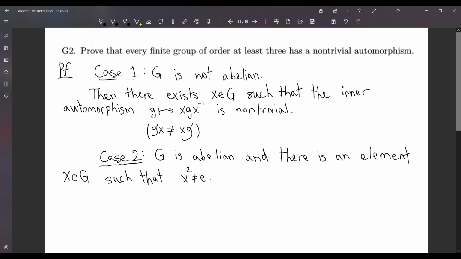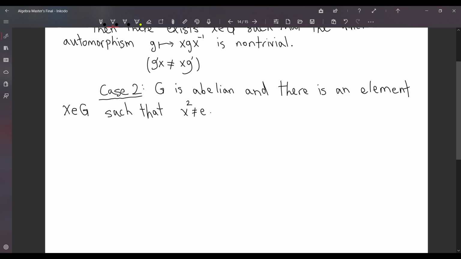And so for this case, what we have to do is say that then the automorphism sending G to G inverse is a non-trivial automorphism.